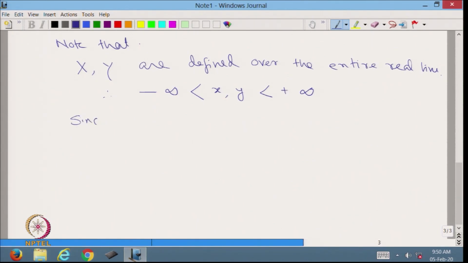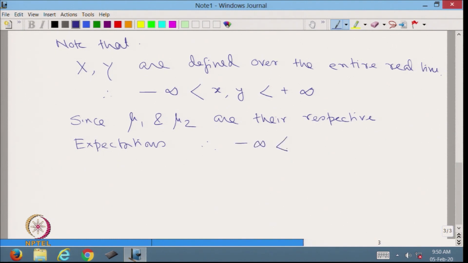Since mu 1 and mu 2 are their respective expectations, therefore, minus infinity less than mu 1 comma mu 2 less than plus infinity, but they are constants.